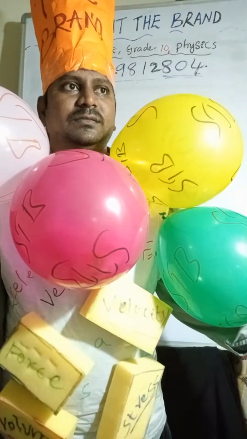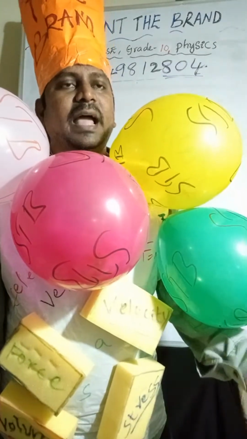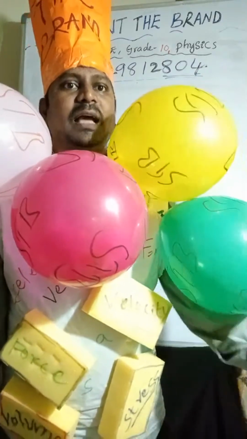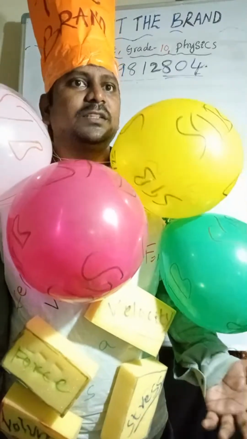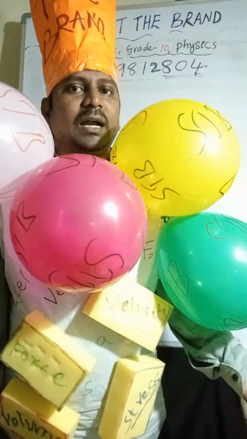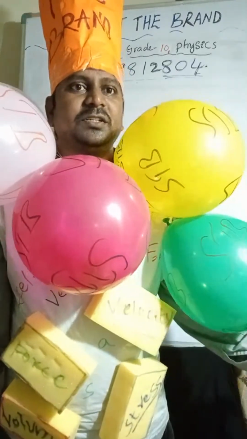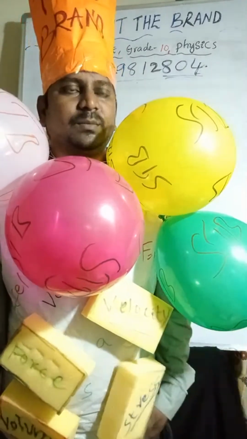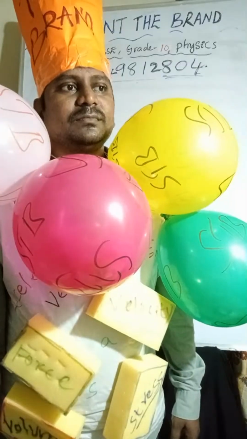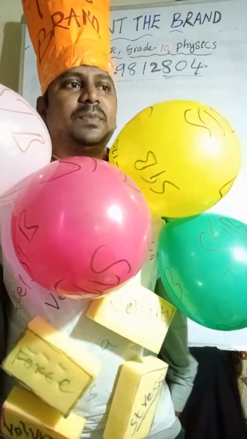After that, we will discuss the angle of deviation formula, then regular and irregular reflection, then object and image, and the nature of the image formed by a plane mirror.